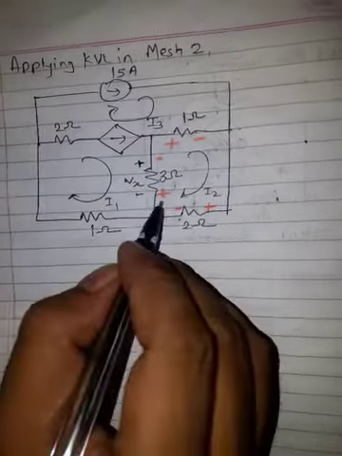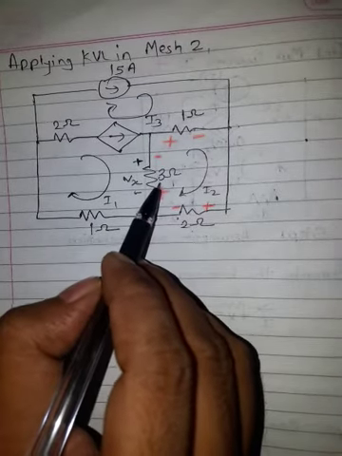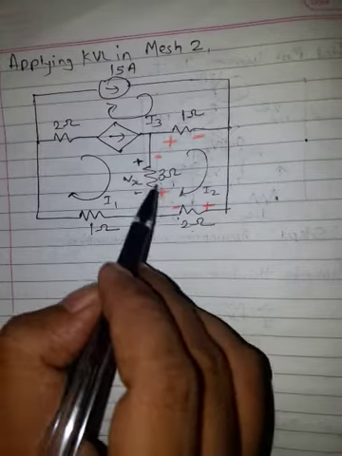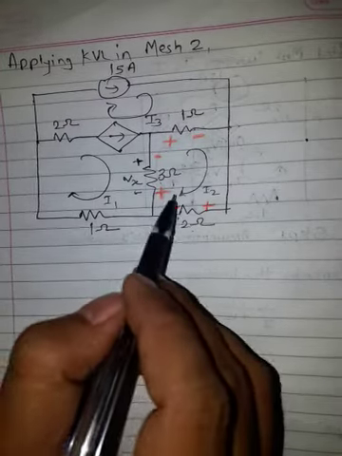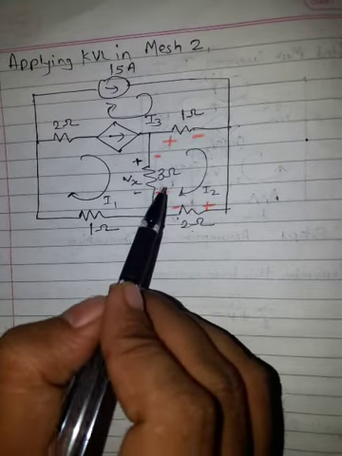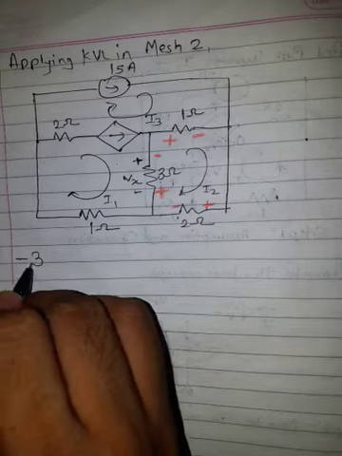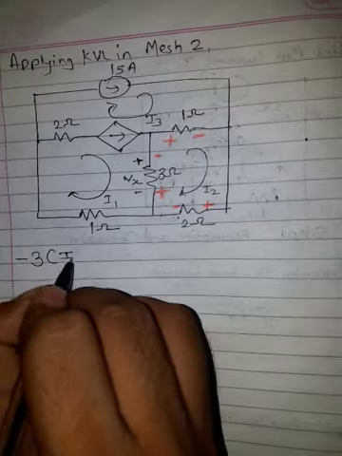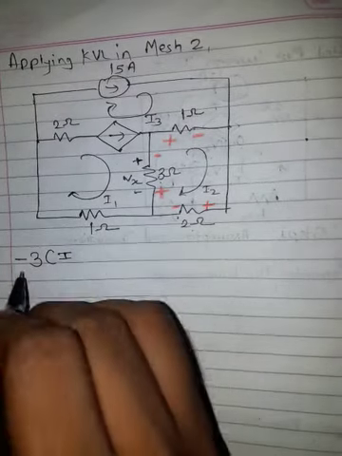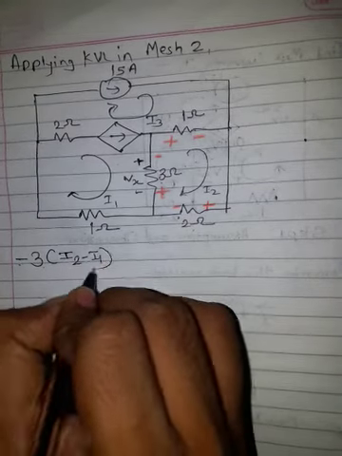If you apply KVL here, since through this 3 ohm two currents are flowing, that is I1 and I2, but now we are considering current I2 and these polarities, we can write minus 3 into I2 minus I1.